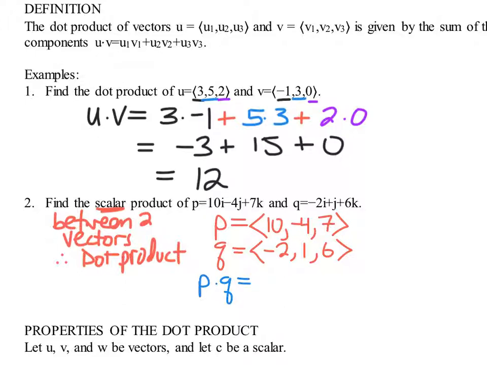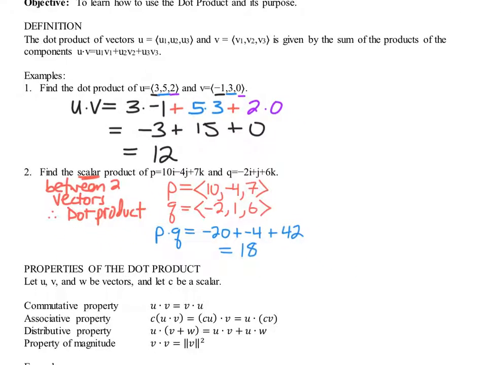So -20 plus -4 plus 42. So is that 18? Yeah. So another meaningless number at this point. Again, skills now, context, underlying meaning. That comes later.